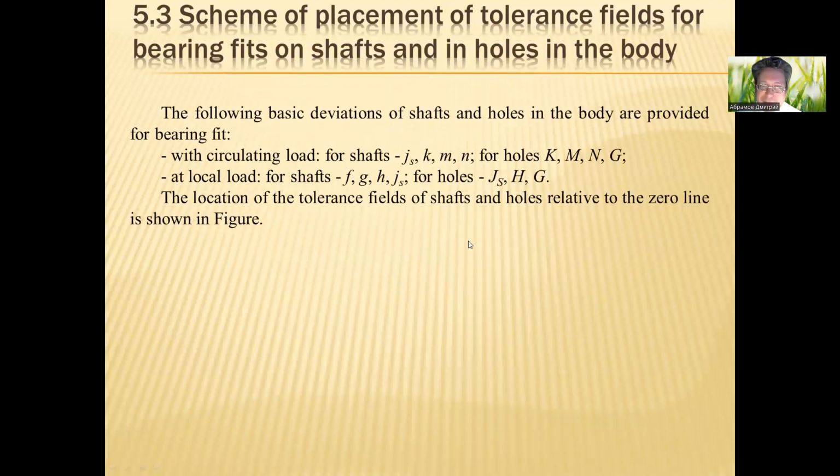The following basic deviations of shafts and holes in the body are provided for bearing fits.